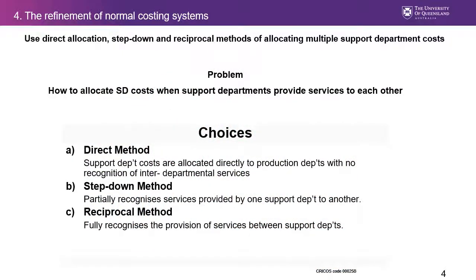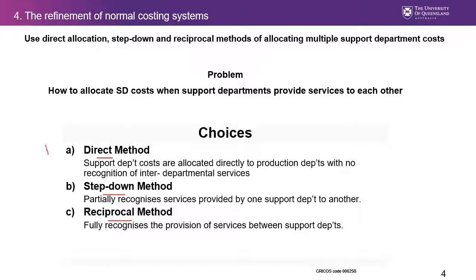So the problem is how to allocate the service department costs or support department costs when our support departments provide services to each other. And here we're going to learn about the direct method, the step-down method, and the reciprocal method of allocating our service or support department costs to our production departments.